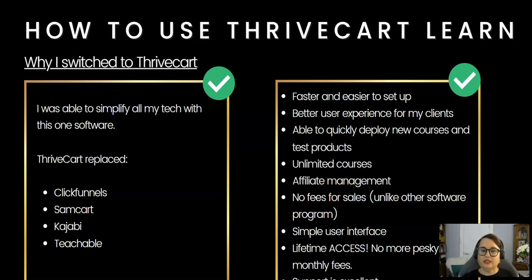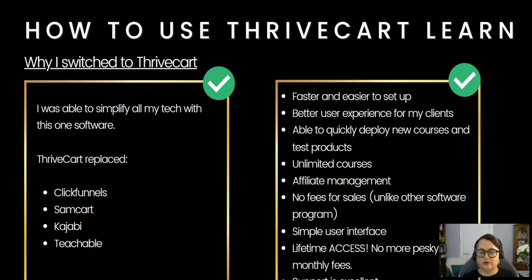I was able to simplify all my tech with this one software, and ThriveCart replaced for me ClickFunnels, Samcart, Kajabi, and Teachable. And now I can operate all the functionality of building out my sales funnels, building out my checkout, or my very simple landing page, building out my courses.